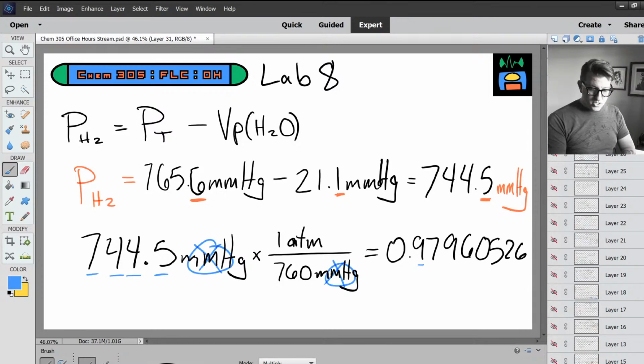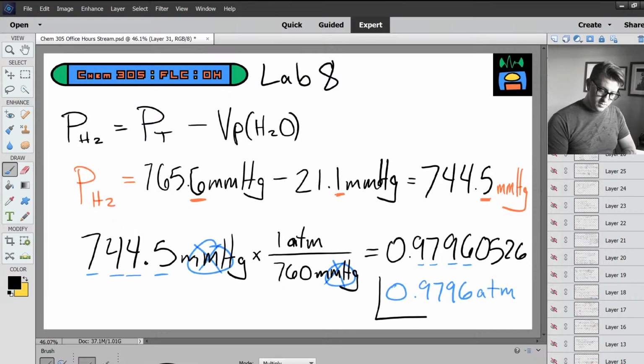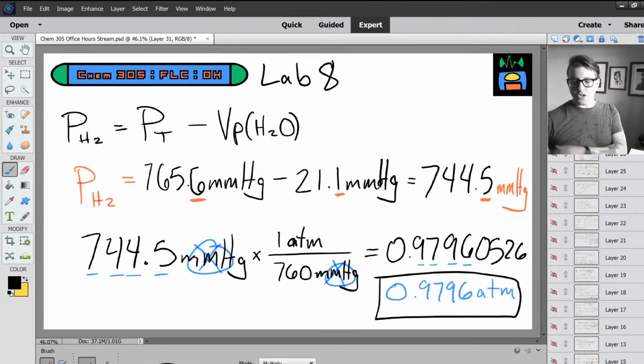When you round to 1, 2, 3, 4 sig figs, then the partial pressure of hydrogen gas in atmospheres is 0.9796 atmospheres. So the partial pressure of hydrogen should have 4 sig figs in it.